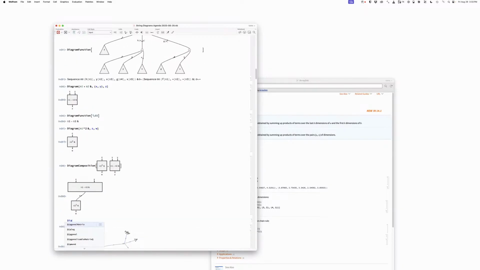Right. And I say diagram function. Okay. And then you can apply that to arguments. You could apply that whole thing to like 2, 3.